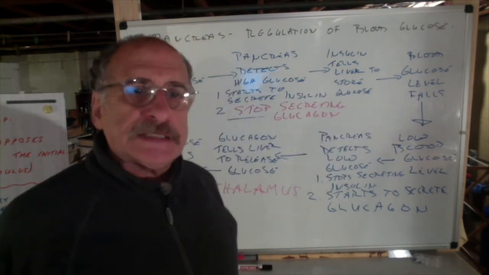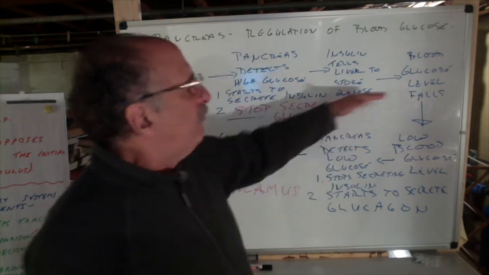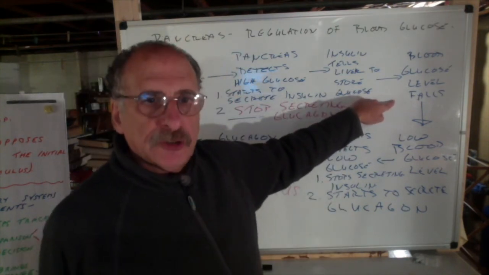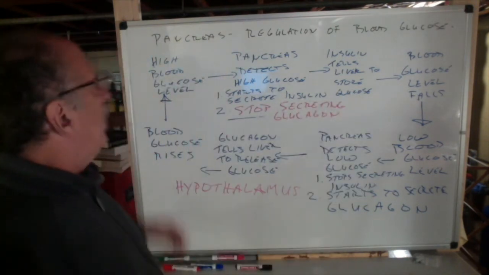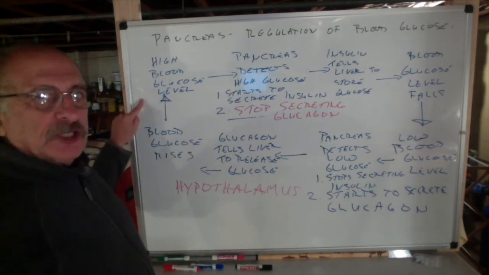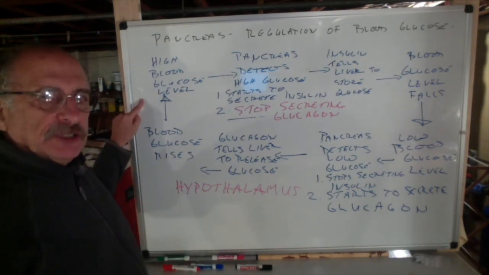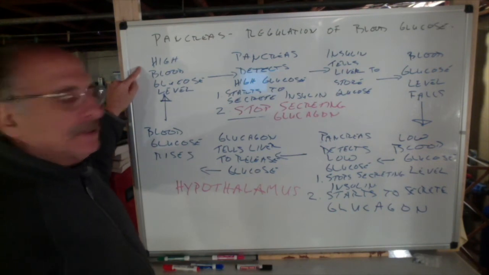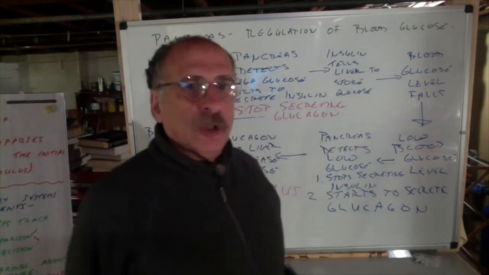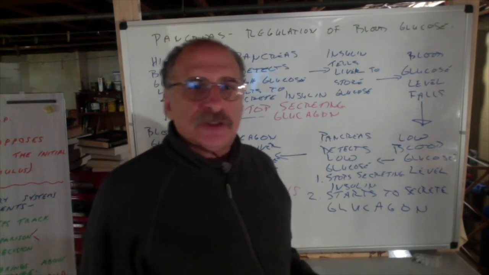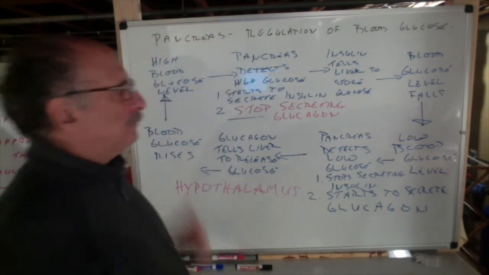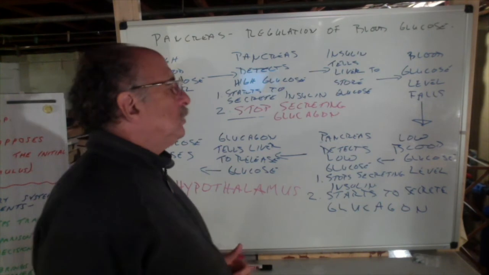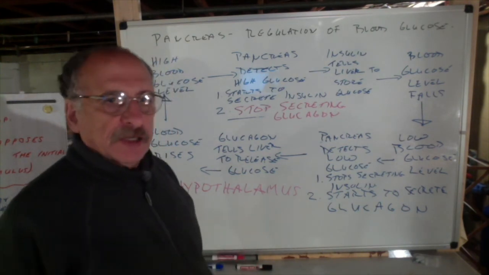And that's why it's negative, because a falling blood glucose level opposes or works against the initial condition. The initial condition is that the glucose level is high. Here it's going down. Going down is the opposite of being high. So that's what makes it negative.